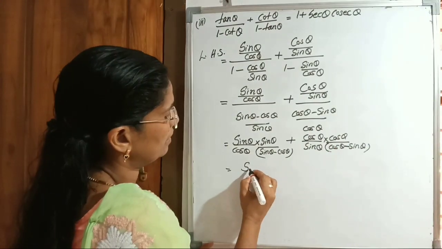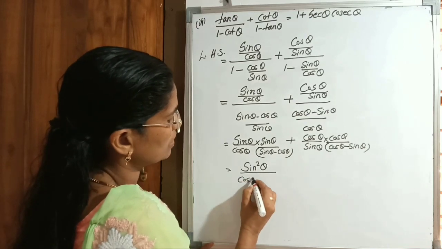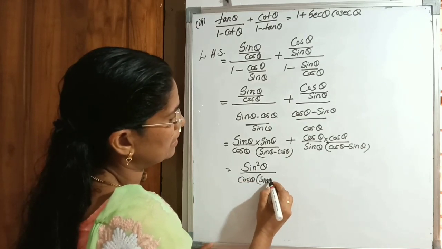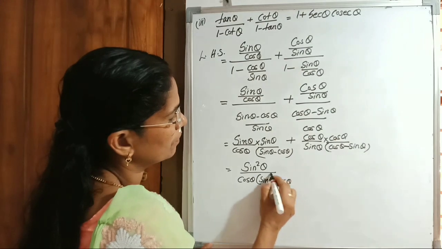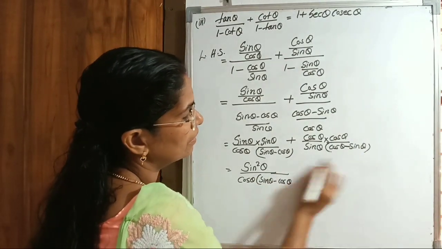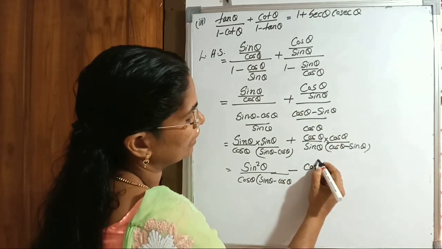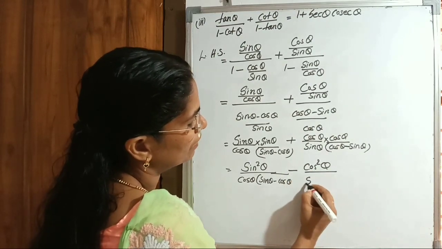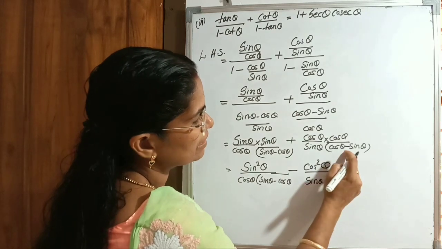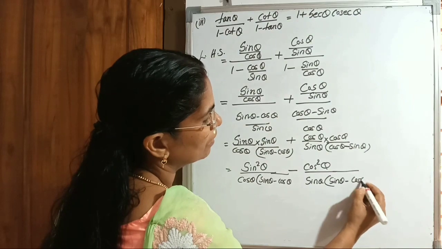That we are doing in the next step. Sin square theta divided by cos theta into sin theta minus cos theta plus, sorry, we are taking minus common, then it becomes minus cos square theta whole divided by sin theta into, now we are rewriting it as sin theta minus cos theta.